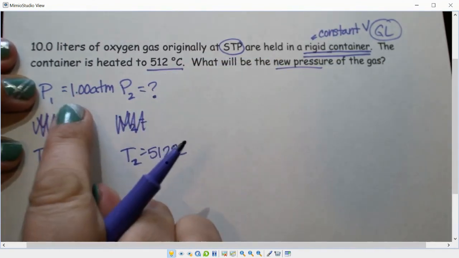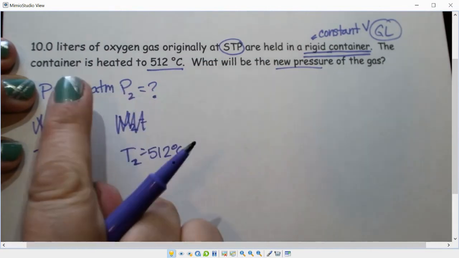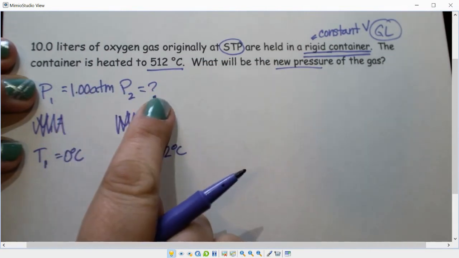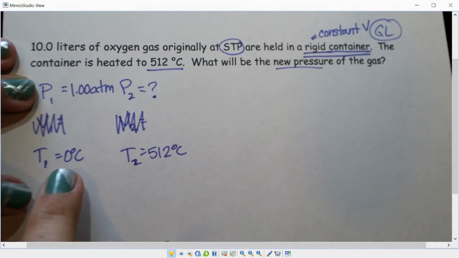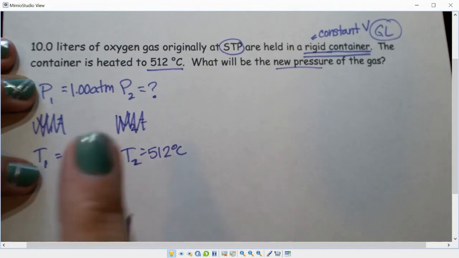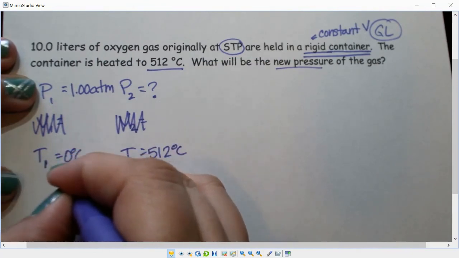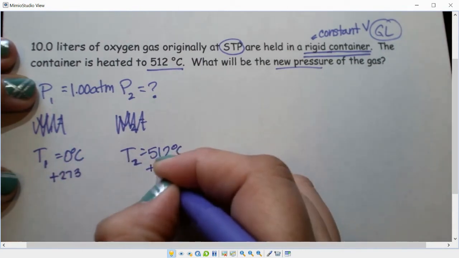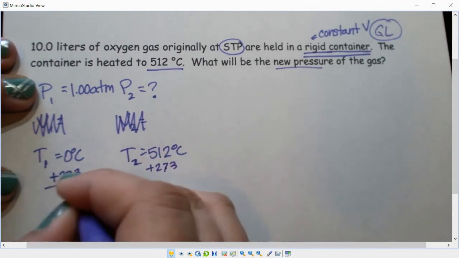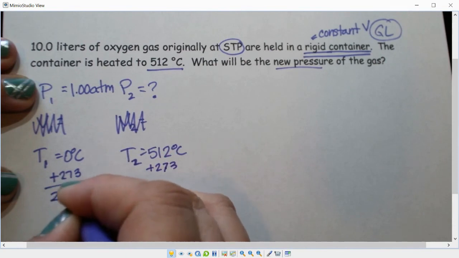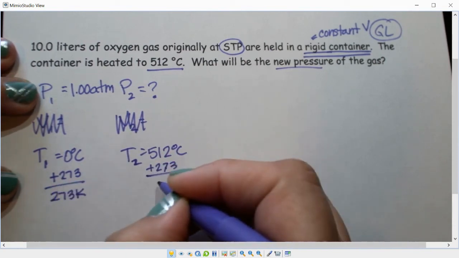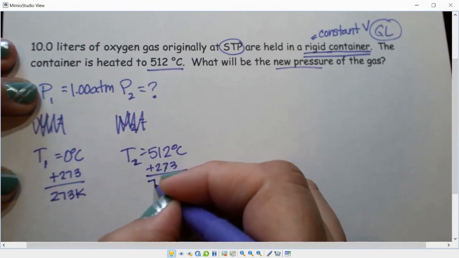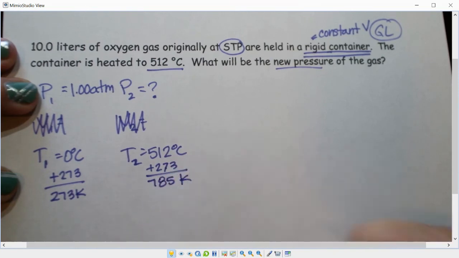So again, your pressure units don't matter as long as they're consistent. So if I'm starting in atmospheres, I'm going to end in atmospheres. Our temperature units do matter. We have to put this into Kelvin by adding 273. So we're starting at 273 Kelvin and we are ending at 785 Kelvin.